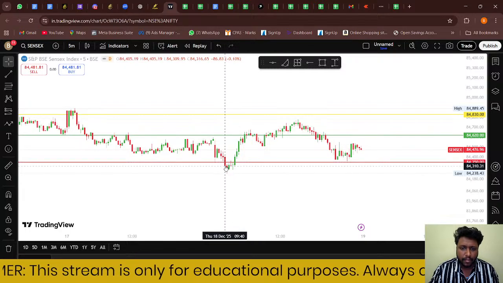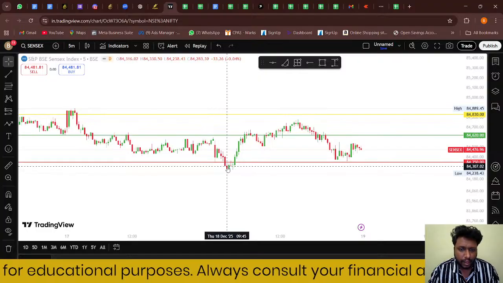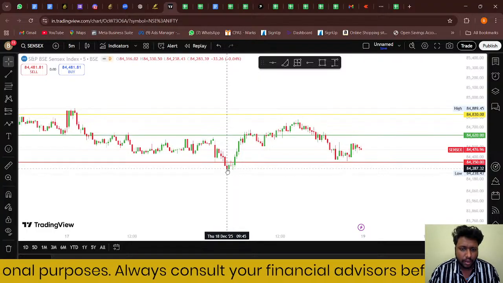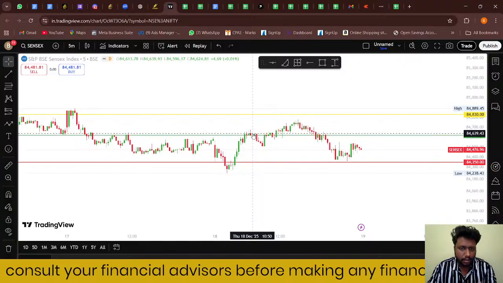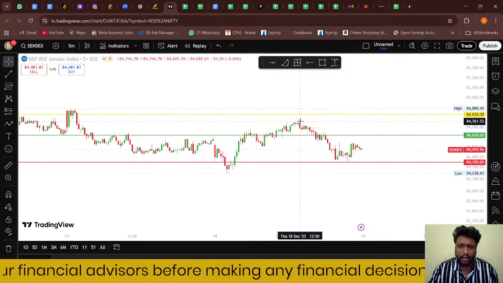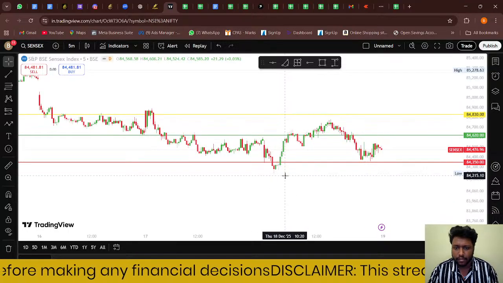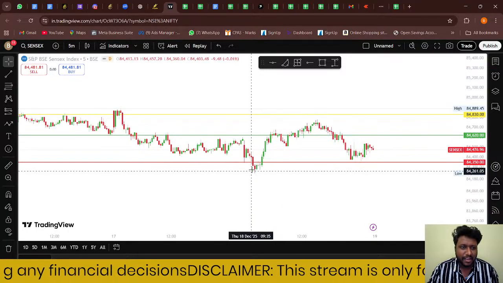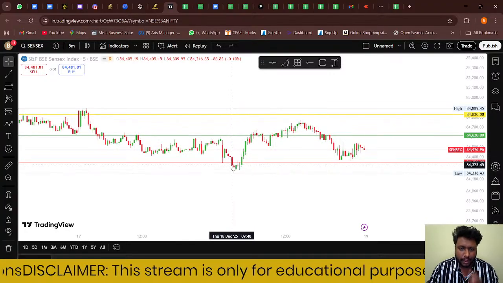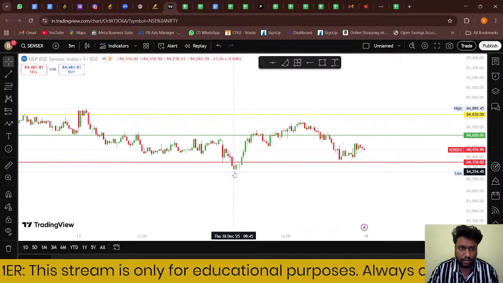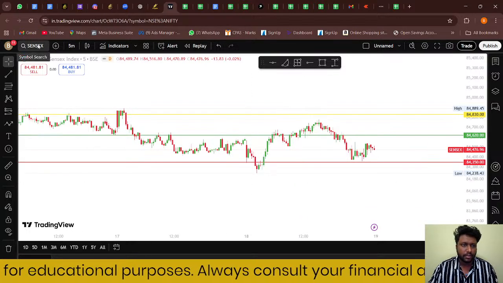This could have been traded as per our view, but it gave a proper breakout over here, and after that it retraced and went back to our pivot line exactly. It didn't test our target one, so this was pretty difficult for me. I would have taken an entry to the downside because we had a good breakout volume candle and a proper 5-minute candle over here, so this would have been pretty difficult for us.